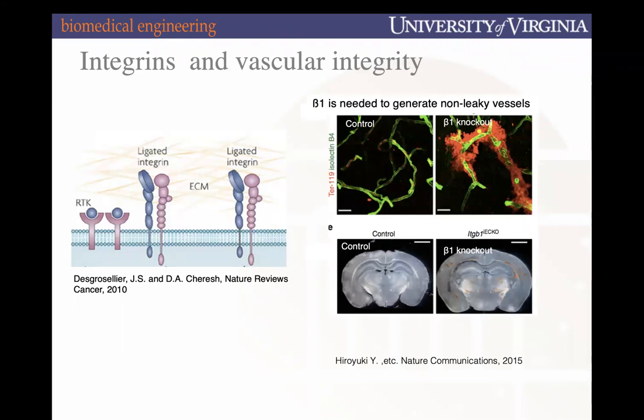The whole idea here is to illustrate that integrins are able to determine and dictate the integrity of our blood vessels. We talked about how integrins have an alpha chain and a beta chain.